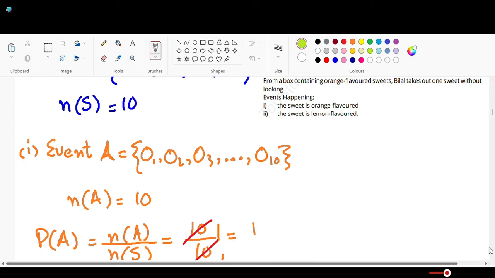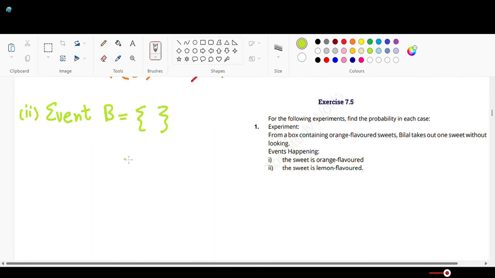So it's an empty set, meaning 0. In other words, the number of elements in event B is 0.